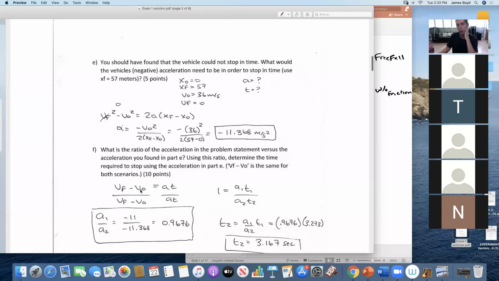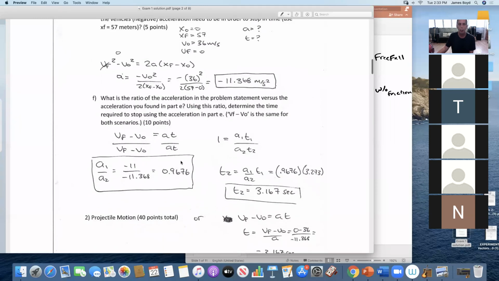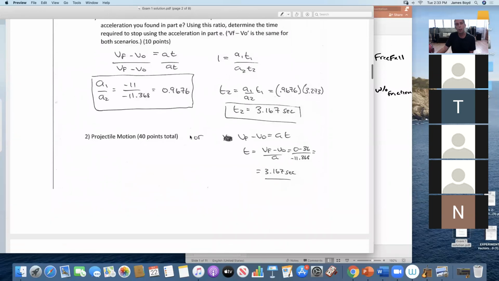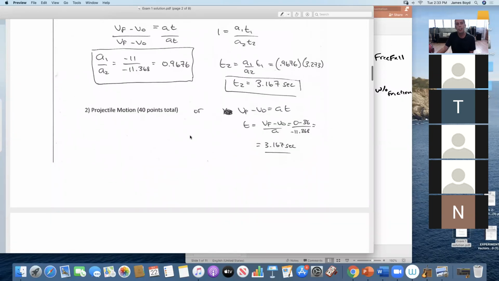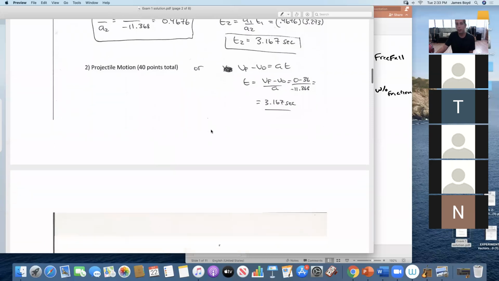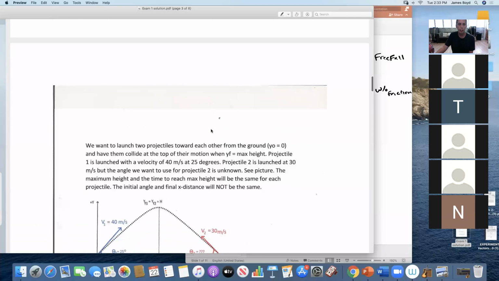So this would be 0 minus 36 over 0 minus 36. I see. I really should have written little subscripts 1 and 1, 2 and 2, but yeah, they are exactly the same, which makes it really helpful. I see. Thank you. Yeah, it's not really needed. This is actually probably faster than doing a ratio, but I want to make sure that you all know that trick. It's really useful. Use it in chemistry, use it in engineering, use it wherever.